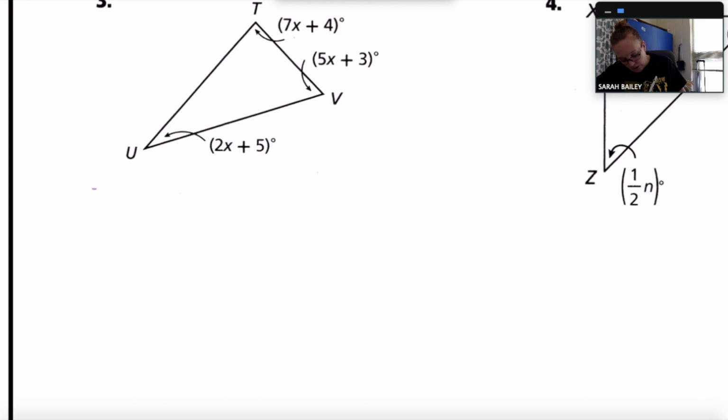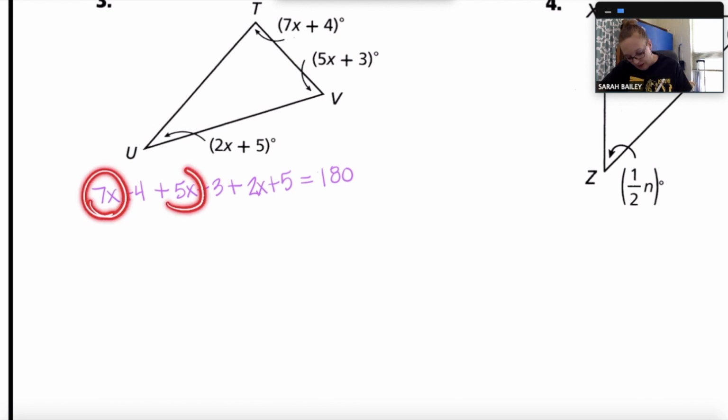So the first thing I'm going to write down is 7x plus 4 plus the next angle I see is 5x plus 3 plus my third angle is 2x plus 5. And all of these angles are going to add up to 180 degrees. So now I'm going to solve this equation. I have like terms here, 7x plus 5x plus 2x. So that's going to be 14x.